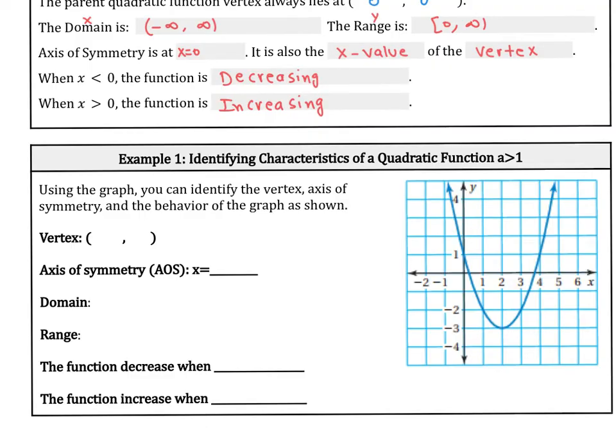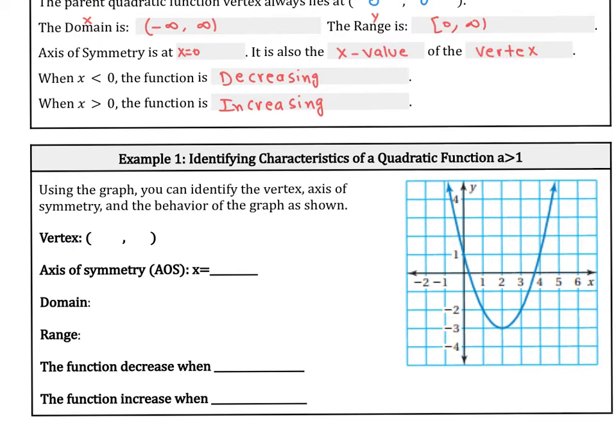So now we are going to do example number 1, identifying characteristics of a quadratic function, a greater than 1. Using the graph, you can identify the vertex, axis of symmetry, and the behavior of the graph as shown. The graph is shown here, and we are going to first find the vertex of the graph.